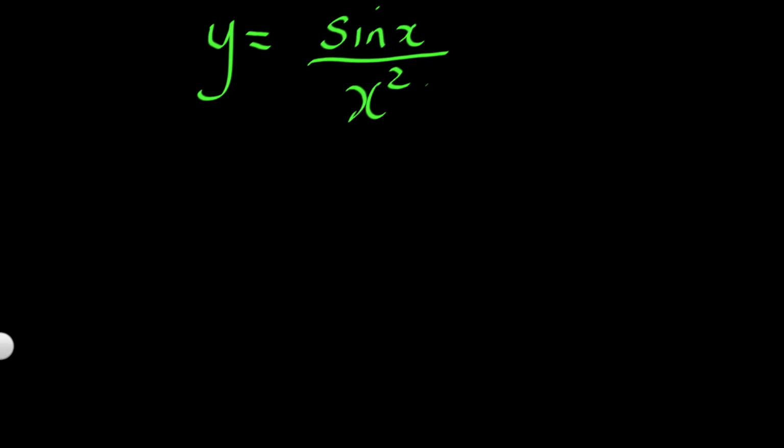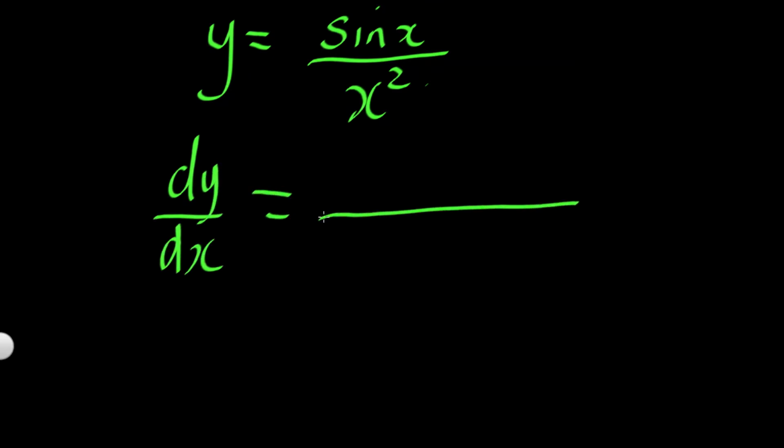Now I can apply the quotient rule because of this. So dy/dx is equal to, then I put a fraction because it should be a fraction. The first task is to square our denominator, so this x squared is going to be squared.